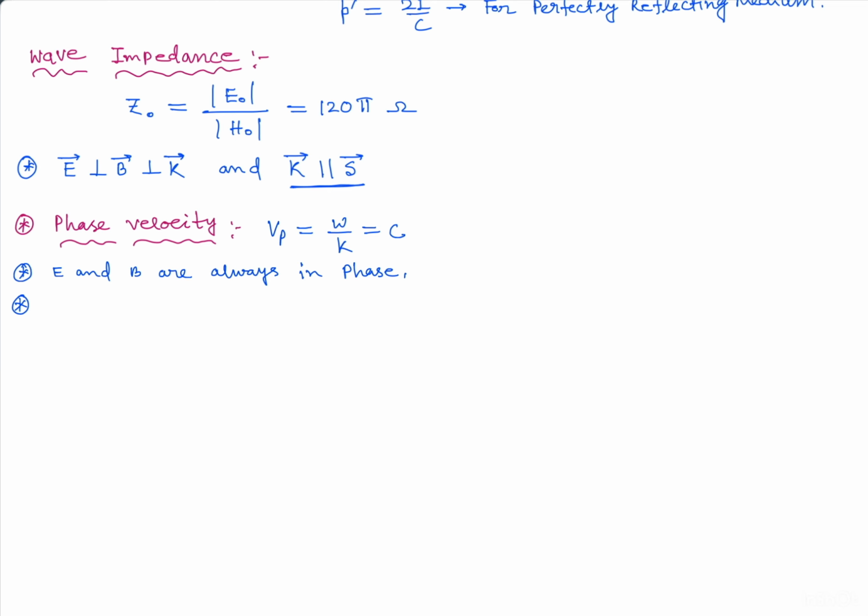And the energy density of the electric field is equal to the energy density of the magnetic field, and c equal to 1 by root over mu 0 epsilon 0, as well as E0 by B0.